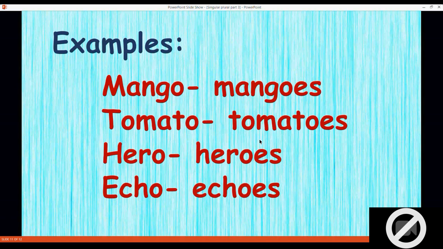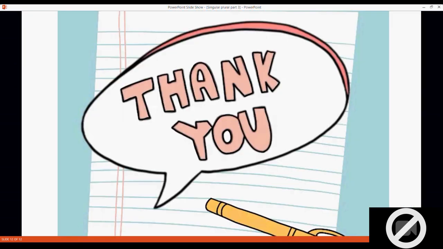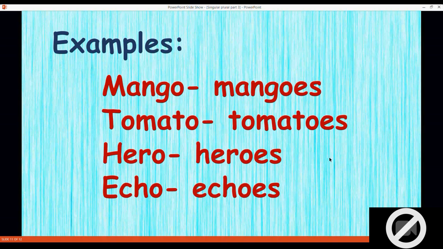Just go through it in your textbook. It is in your textbook A in chapter 2. See children, if you don't get a chance to read, please don't feel bad. Everyone will get a chance to read in your homework session.